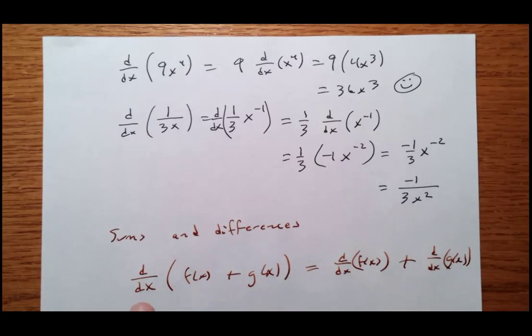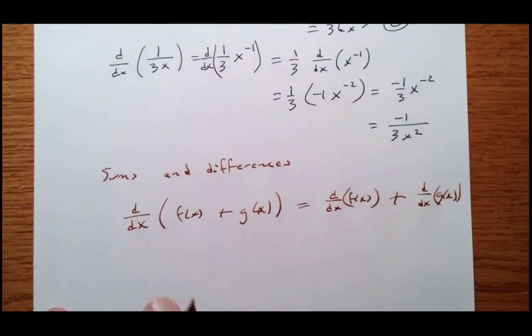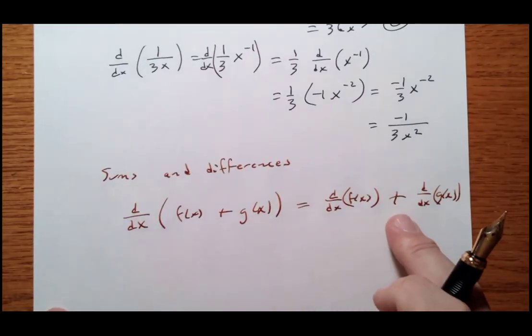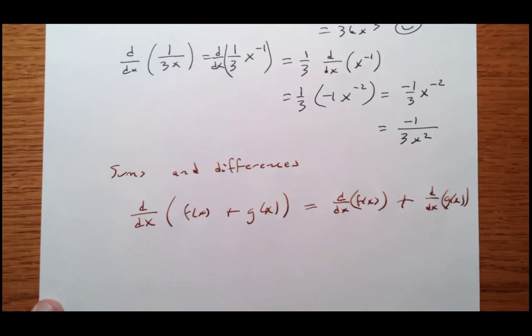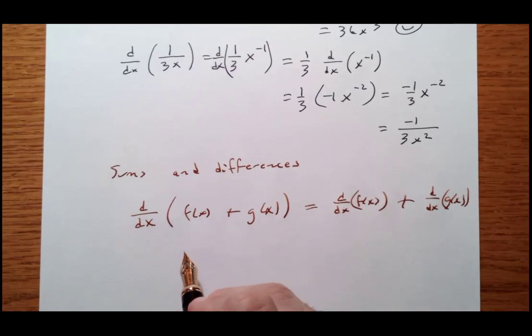The limit of a sum is the sum of the limits. Therefore, the derivative of a sum is the sum of the derivatives. If it works for adding, it works for subtracting too.